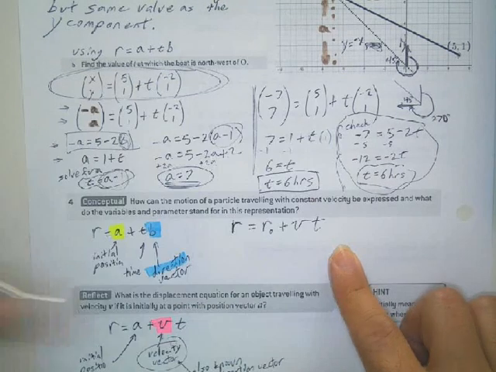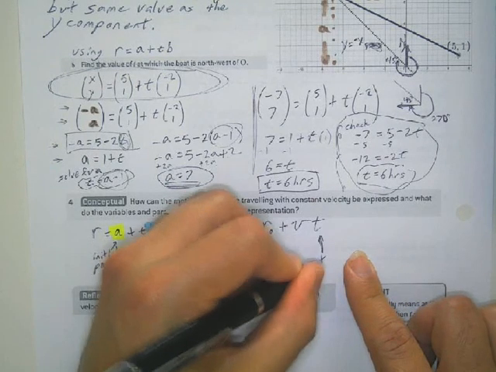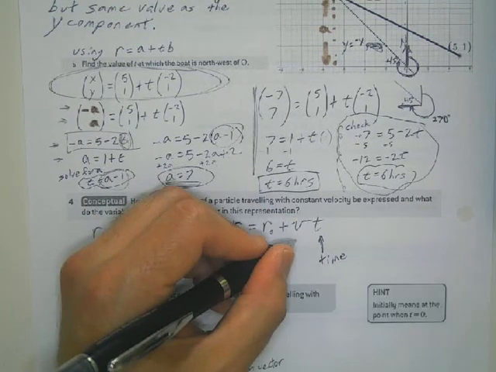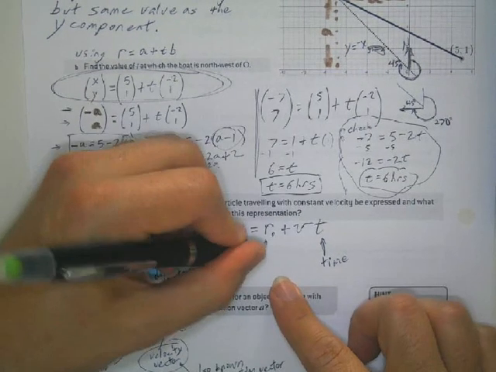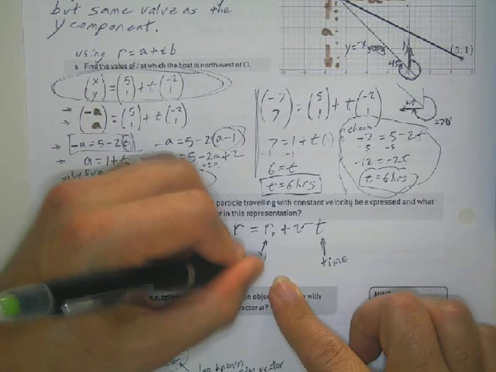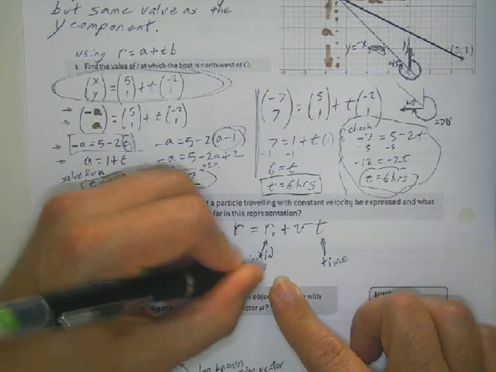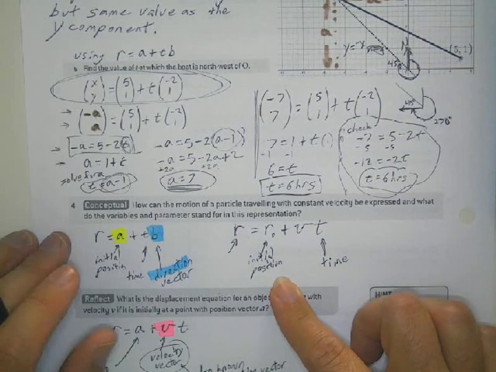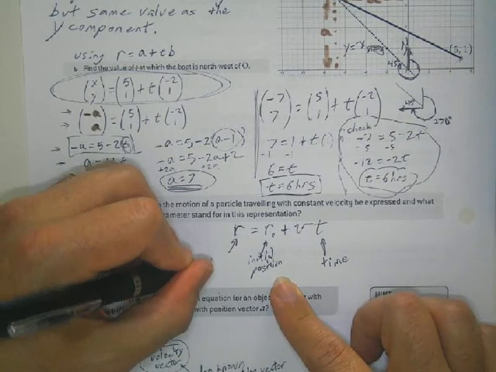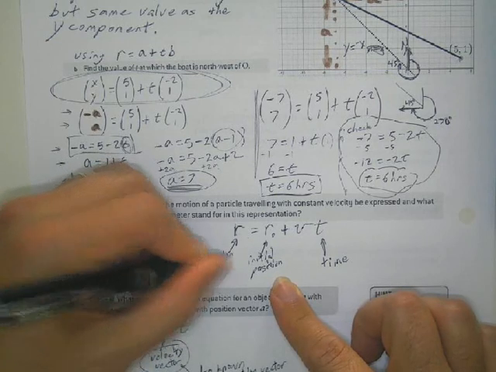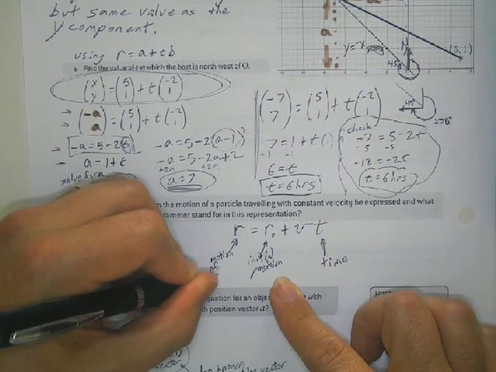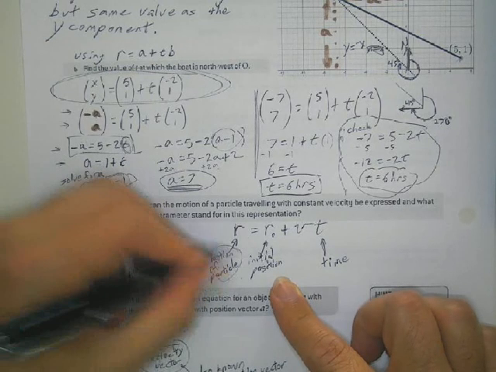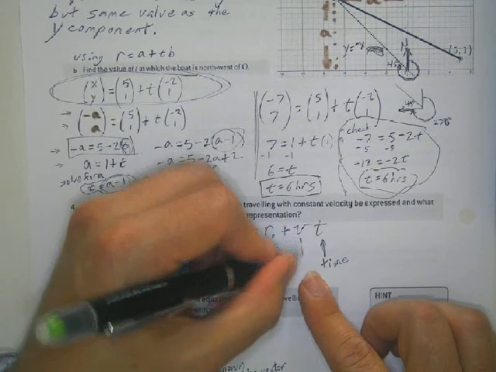Okay, so this is the amount of time. This is initial position. And this is the motion of the particle. And this is the velocity.